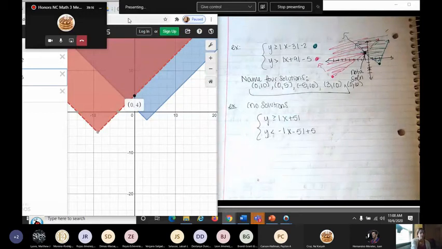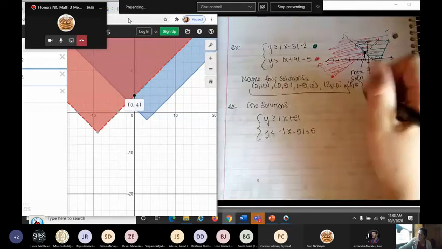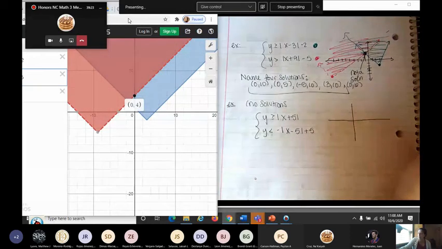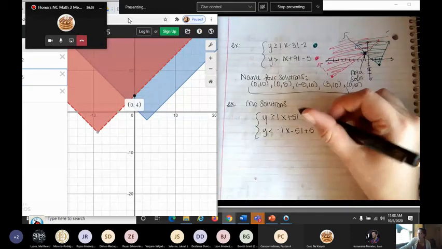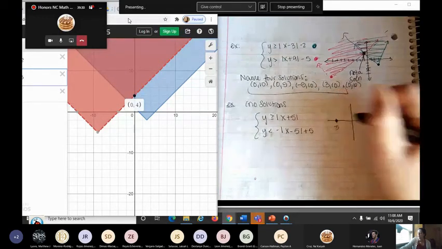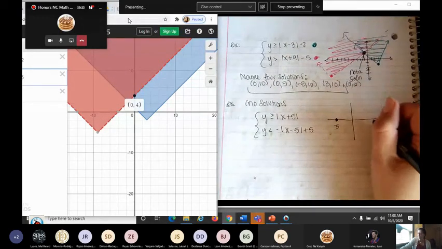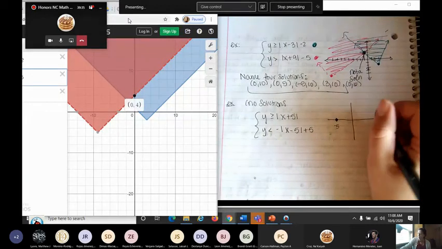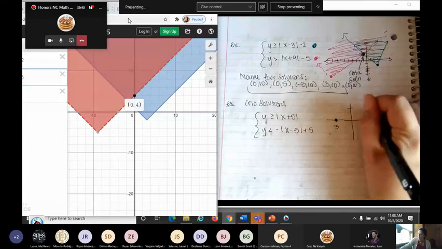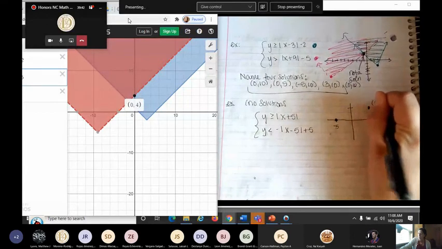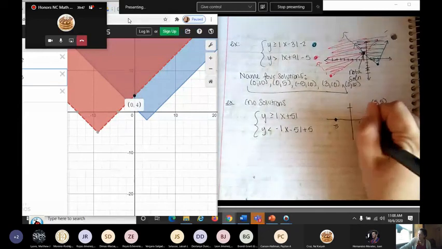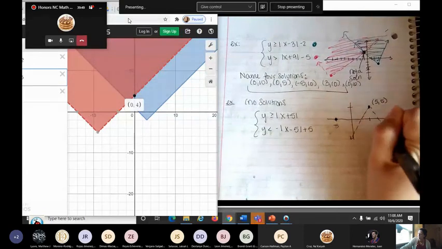I don't know if I have time to do all this. I'm not going to graph it in Desmos this time just for time's sake. But we would have one absolute value function with a vertex at -5. We would have another absolute value function with a vertex at 5, 5. Okay, and both of them, so this one will be dashed because it's just a less than.